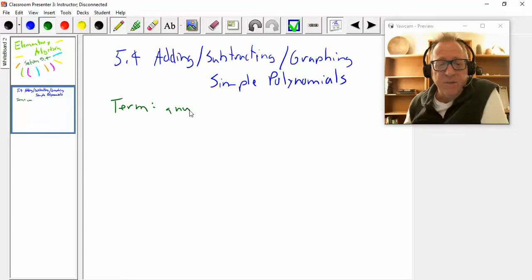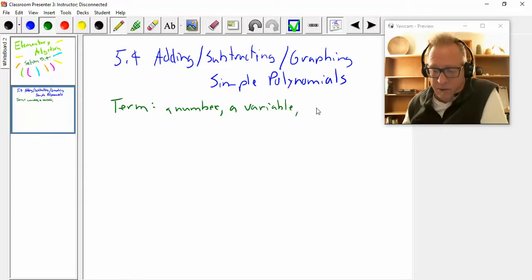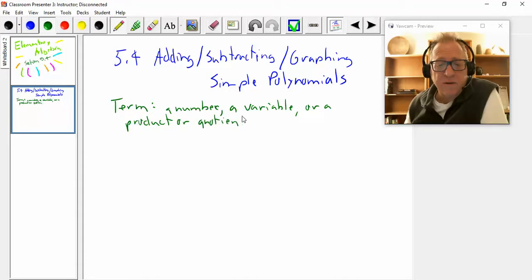It's either a number, a variable, or a product or quotient of numbers and variables, and those variables are raised to powers.